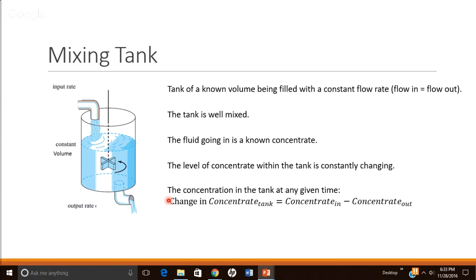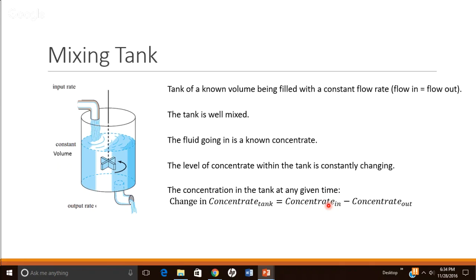So if we wanted to define what was in that tank at any given point in time, or understand what that tank was actually doing, the concentration inside of that tank is going to be the difference between the concentration that's coming in and the concentration that's going out. So the change in the concentration of the tank is going to equal that difference between what's going in and what's going out.